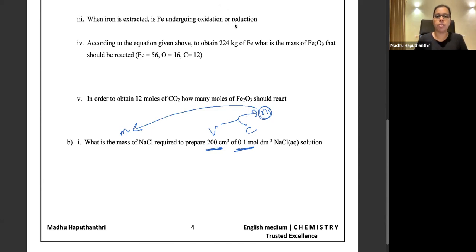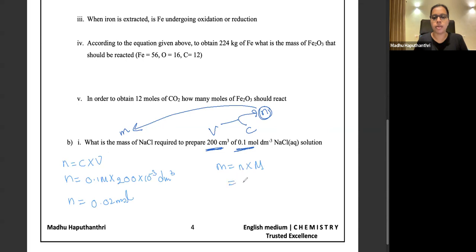Then I'll first take the number of moles. N is equal to C times V. Concentration is 0.1 molar times 200 times 10 to the power minus 3 decimeter cubes. Then the number of moles are coming as 0.02. Then I'm relating this to the mass. Simple m is equal to simple n times capital M. 0.02 moles times molar mass, here again I will give you the information.